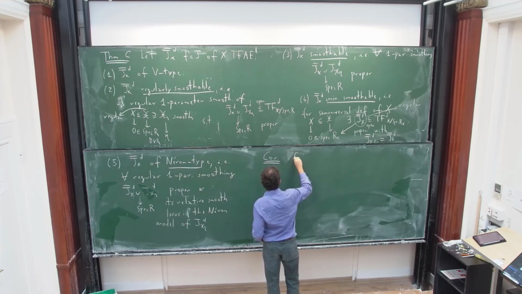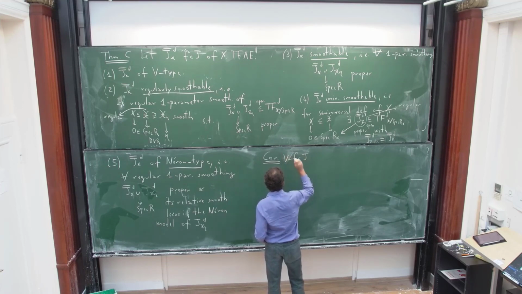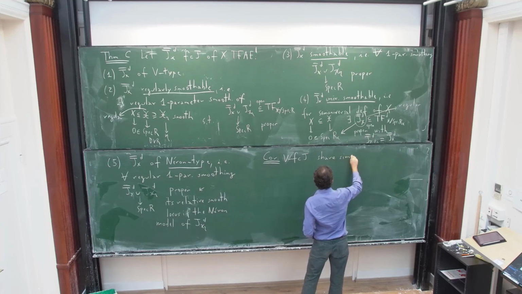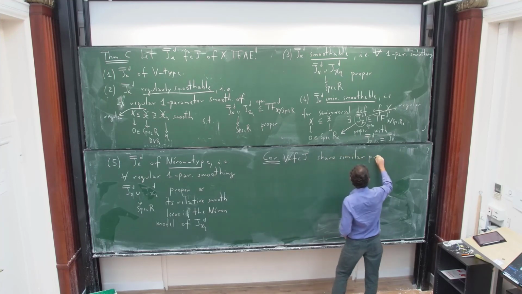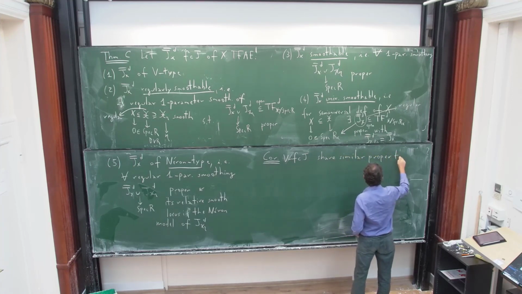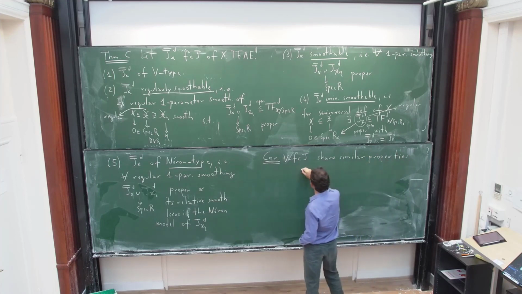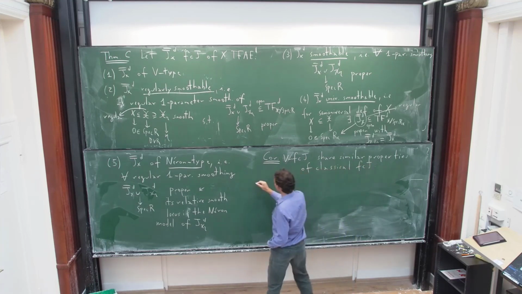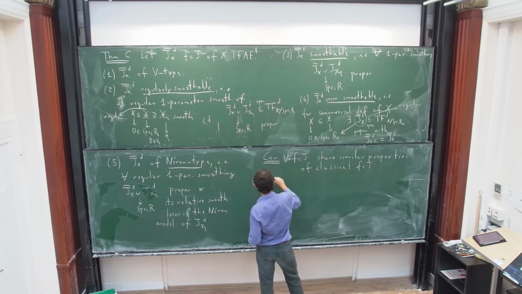So fine compactified Jacobians of this type share similar properties of classical fine compactified Jacobians. For example, they are Calabi-Yau varieties.